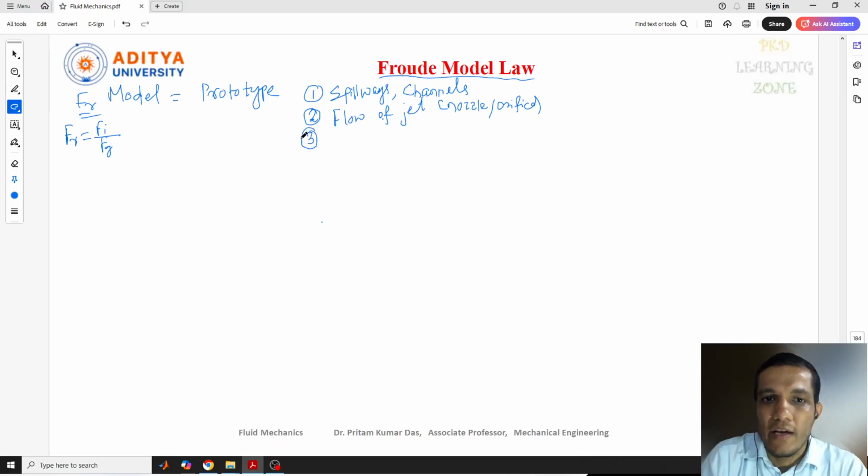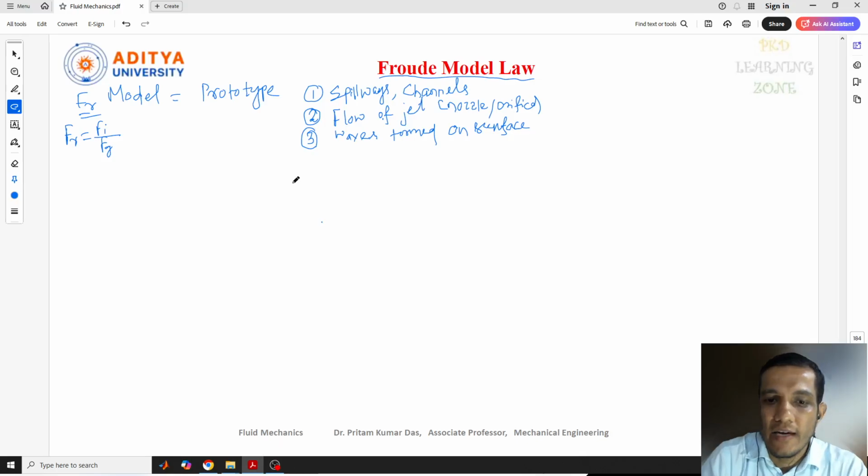Similarly, when wave formations will be there on the surface, waves formed on the surface, this is one more condition.